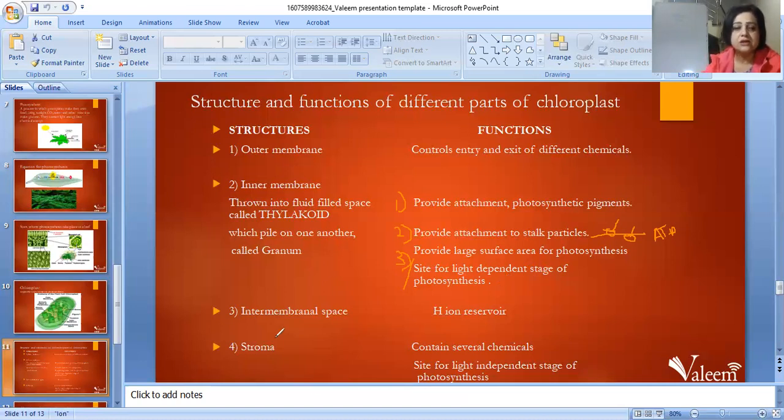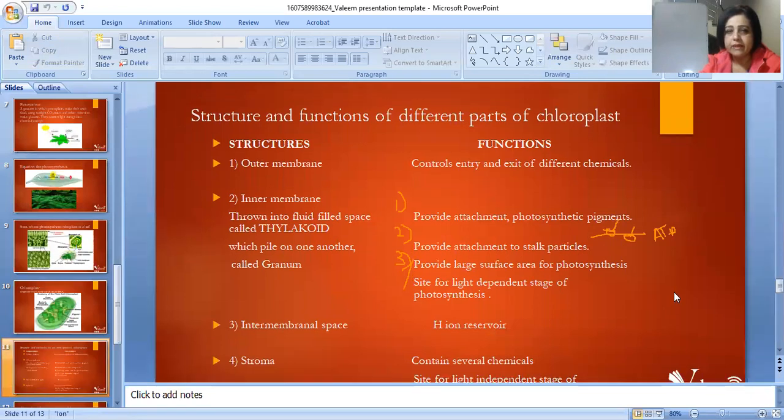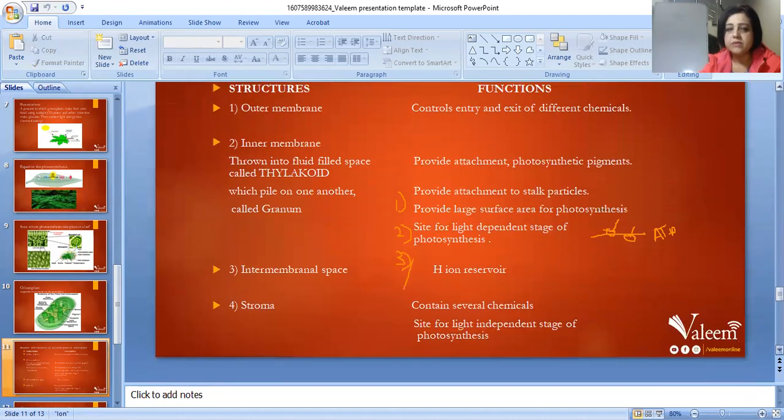Now the last part of chloroplast which I will discuss is stroma. Stroma is a jelly-like material. Now if it is a jelly-like material, what does it contain?